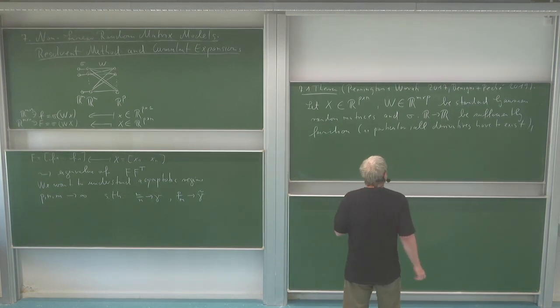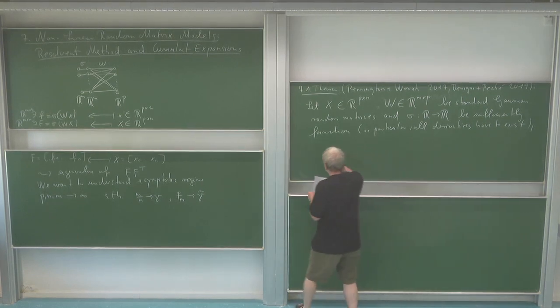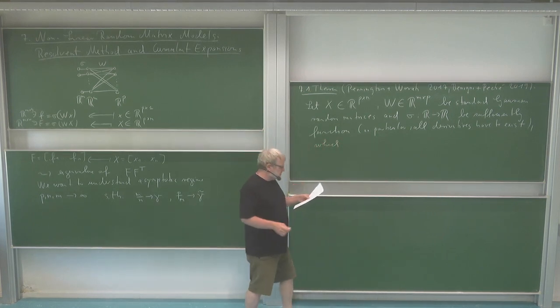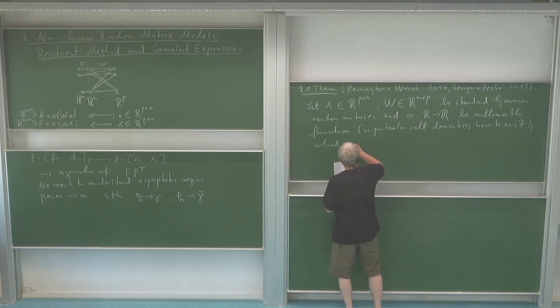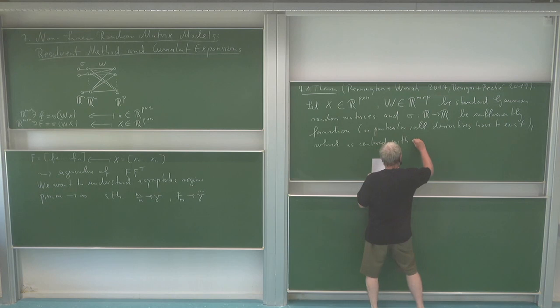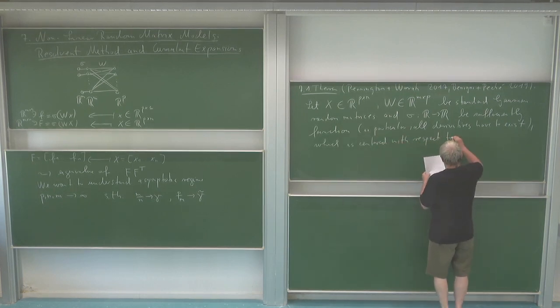Okay, and then we want some normalization or some kind of centeredness condition on this sigma. So we center it somehow. By shifting it, we can achieve this. So it should be centered with respect to the Gaussian distribution.